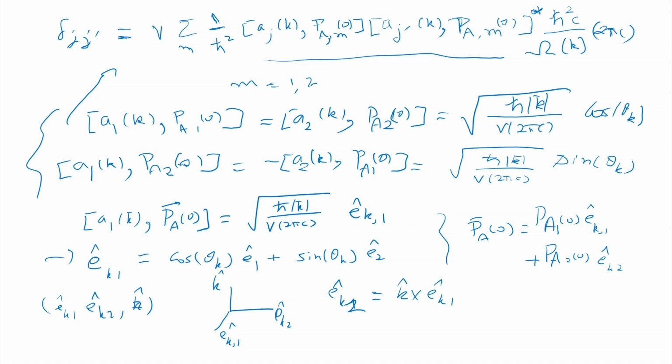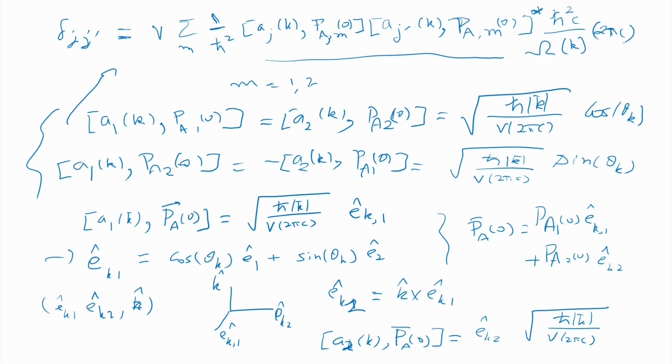That will immediately tell you that the commutator of AK2 with PA at 0 is going to be, therefore, so you just work this out on your own. It's going to look like this: h bar k over v times 2 pi c.